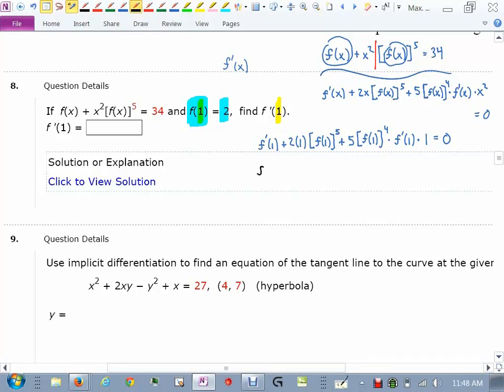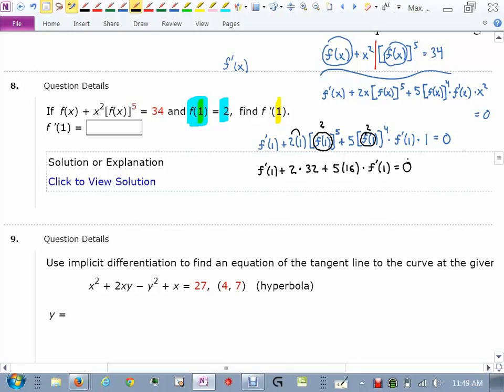So I've got f prime of 1 plus, let's see, 2 times 1 is just 2. So 2 times, now here, f of 1, that's a 2. 2 to the 5th power is 32. So 32 plus 5 times, now here again, that's a 2. 2 to the 4th power is going to be 16. So 5 times 16. And then times f prime of 1, I don't know what that is, and then times 1, and then equals 0.